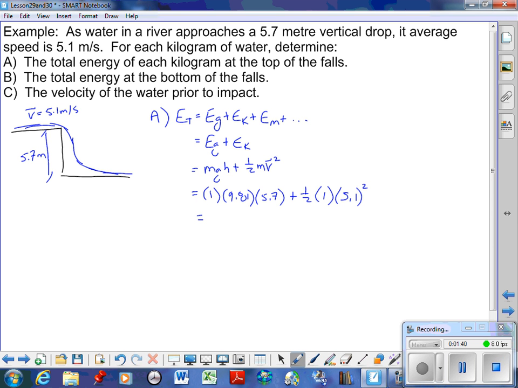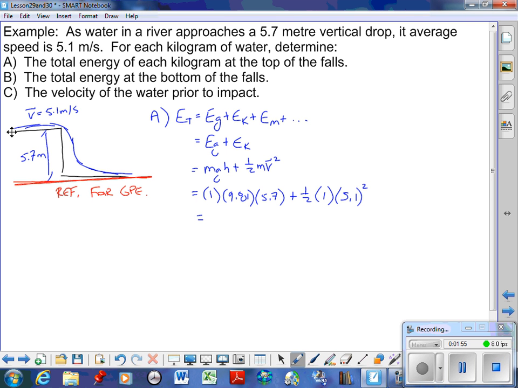So we're using the bottom altitude, or this is our reference line. So this is our reference for GPE. Okay.